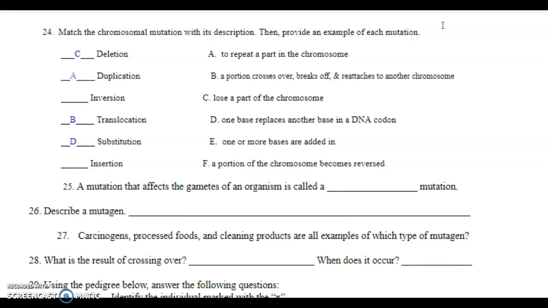As insertion changes the number of bases there, everything shifts over, changing all the codons beyond that point. And same thing would be with a deletion, that everything would shift back in the other direction, and then all those codons beyond that point of mutation would be altered. So those amino acids would be altered, the protein would be totally changed.